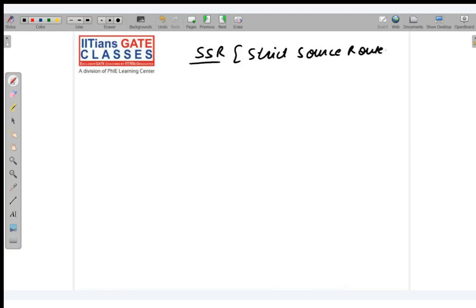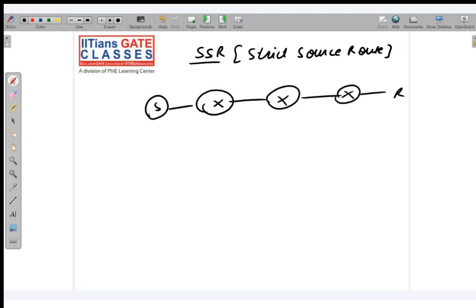Strict source route. So this is the sender, there are multiple routers in between, and we have a receiver. The sender will decide the route, the path the packet should follow, and it will put the IP addresses of the routers through which the packet will go.